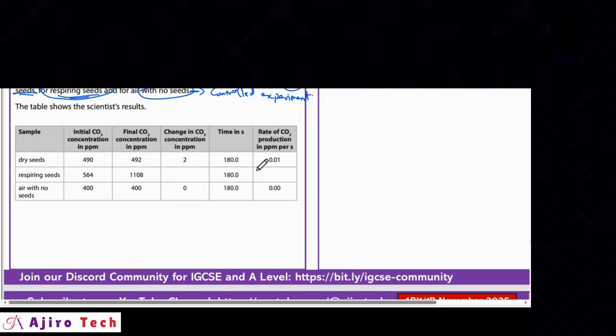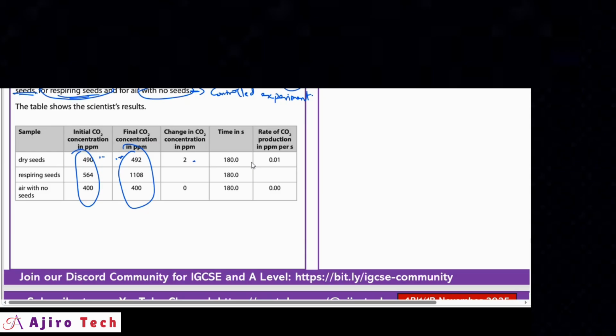And this is the table representing this investigation. As you can see in the table, we have three testing materials: dry seeds, respiring seeds, and air with no seeds. This is the initial concentration of carbon dioxide in parts per million, and this is the final, and this is the difference, the change in the concentration. You have to subtract both values from one another to get this value.